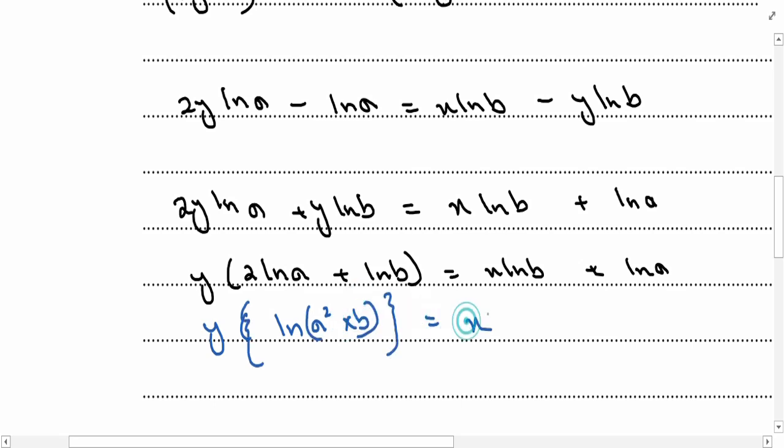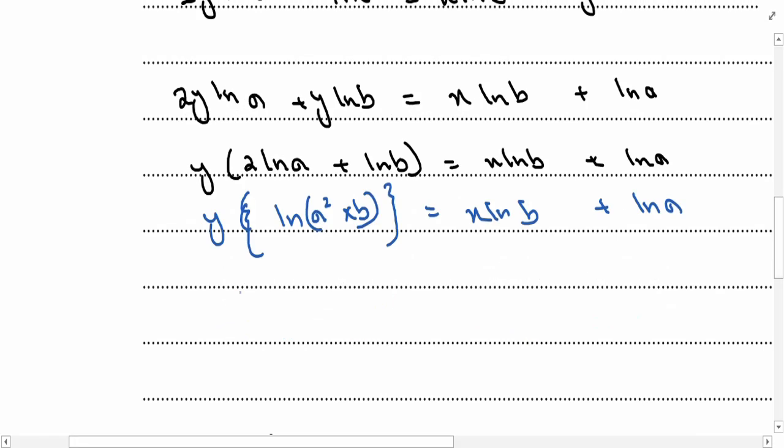That would be equal to x ln of b plus ln of a. Making y the subject, it would become x ln of b divided by ln of a squared b plus ln of a divided by ln of a squared b.